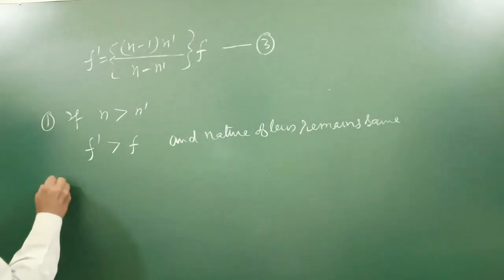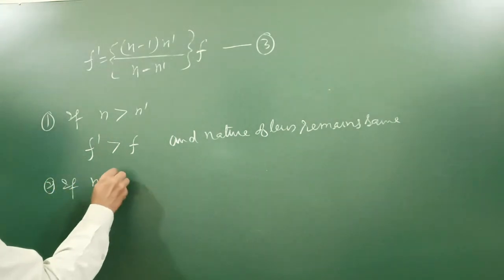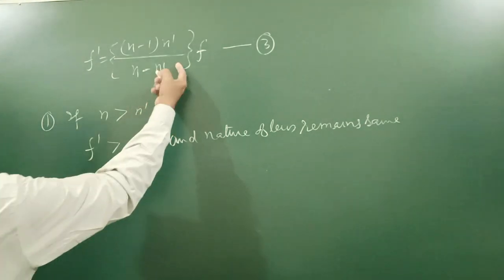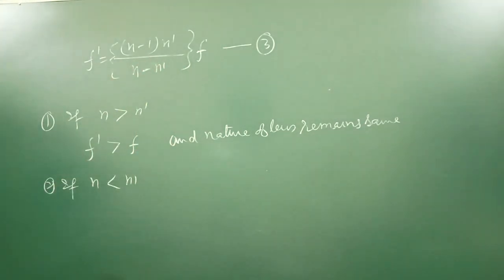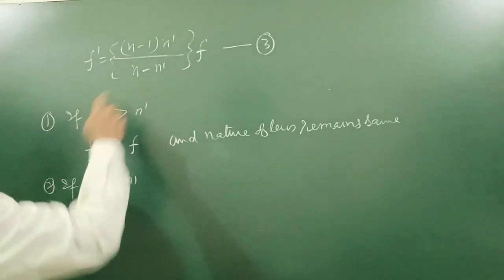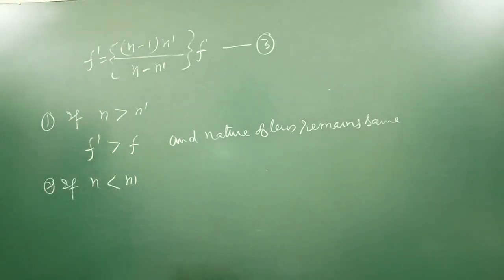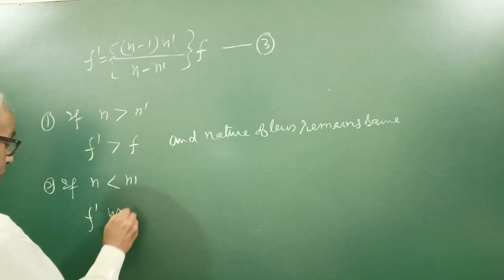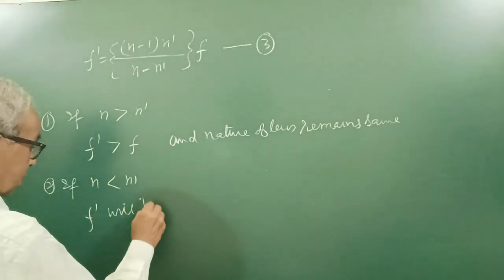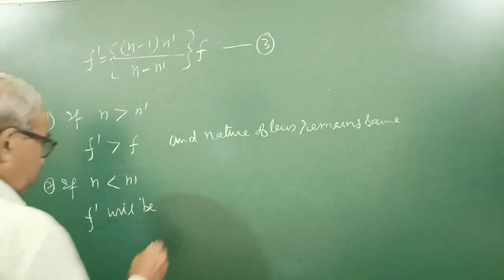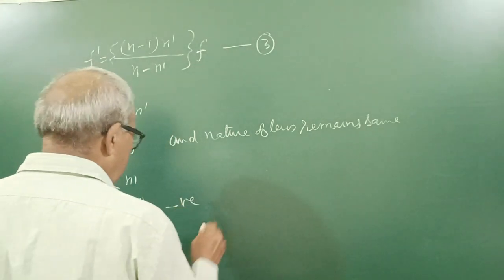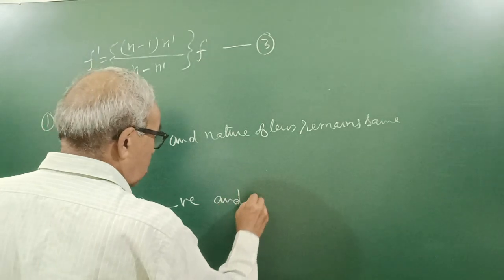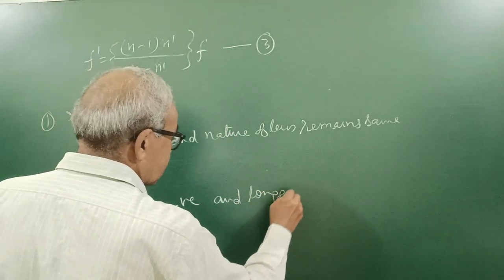Number 2, if n is less than n', this becomes negative, and this negative also has modulus value less than 1, so f' will be negative and longer than f.